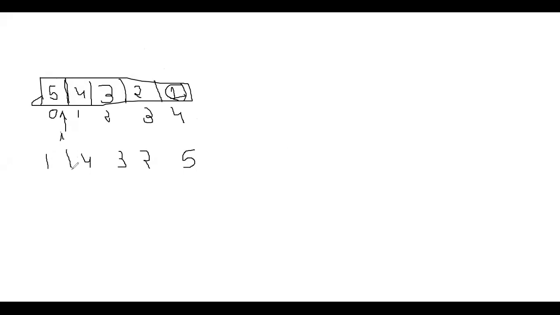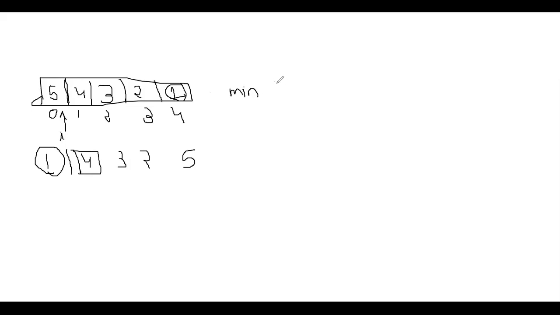So this was the minimum element in the whole array, and now I have placed it at the right position. Now I want to find the second minimum element. Basically, when you sort this array, how will your array look?